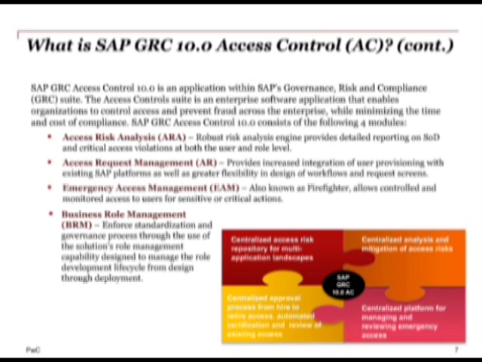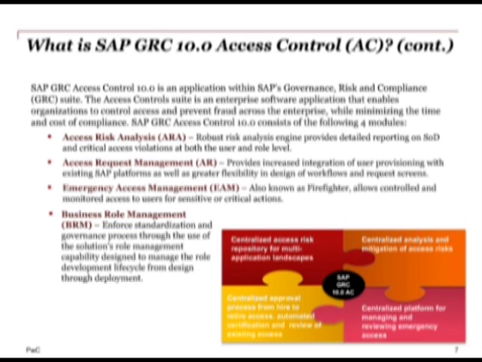So when we're talking about this presentation, I'll note that access risk analysis and access request management are the two most prevalent within the discussion, though the other two, emergency access management and business role management, can also be used in some capacity within these integrated solutions.